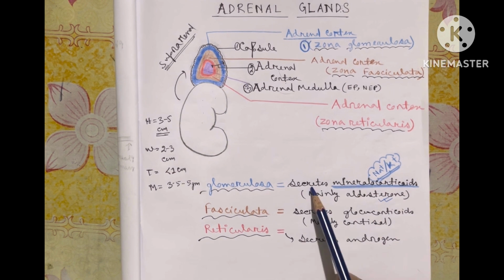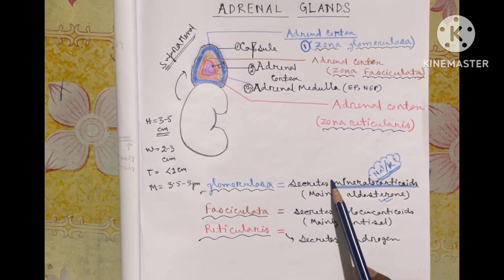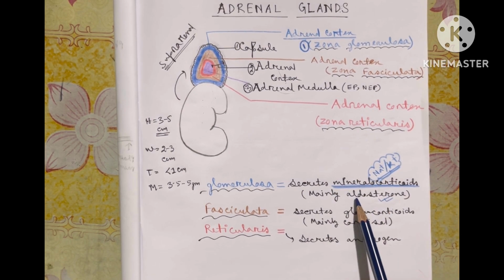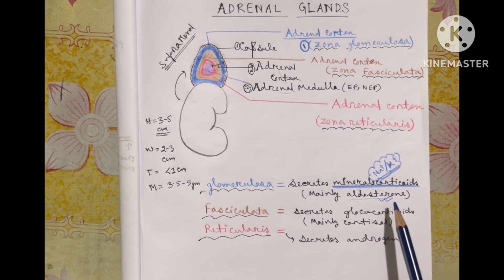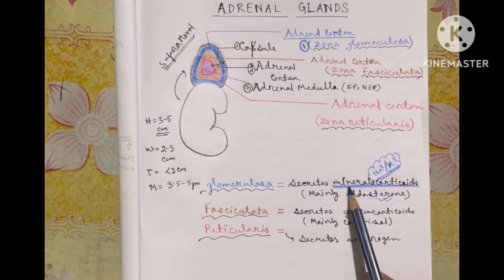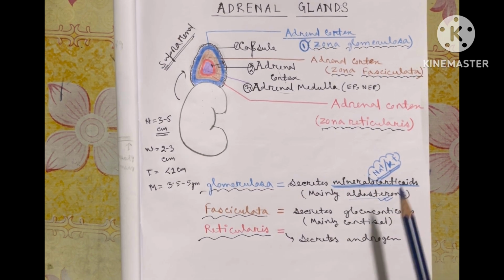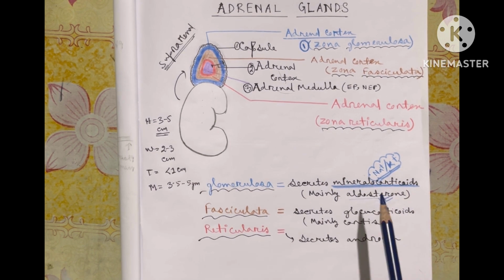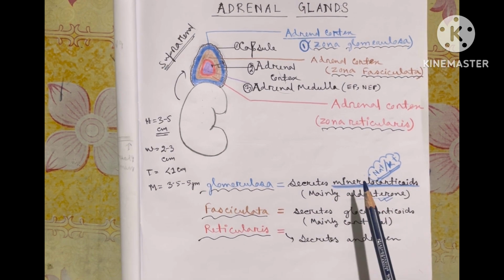These cells secrete mineralocorticoids, and the name comes from the fact that chemicals like aldosterone maintain mineral balance and mineral homeostasis. That's why aldosterone is called a mineralocorticoid. So if someone asks you why it's called a mineralocorticoid, it's because these secretions maintain mineral homeostasis in the human body.